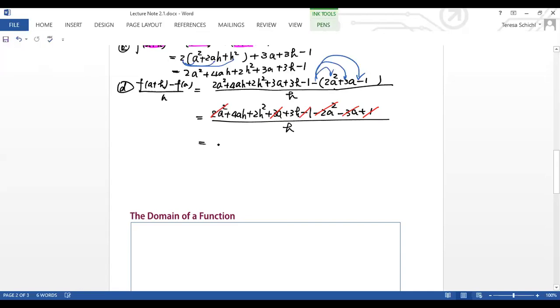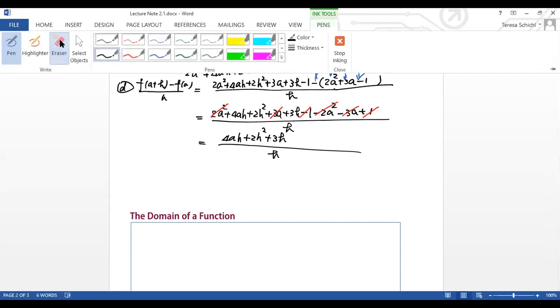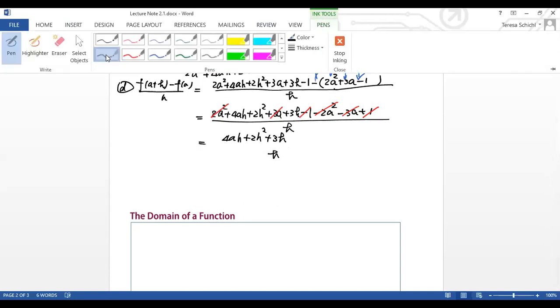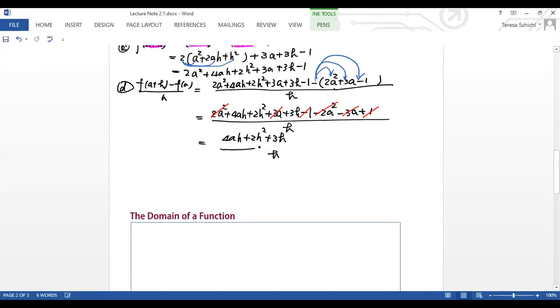So we simplified. Here this is over h, and the numerator is 4ah plus 2h squared plus 3h. Right? Did I miss anything? No. All right, that's good. I got all the terms here. Now I see h in every term, so I can factor the h out.